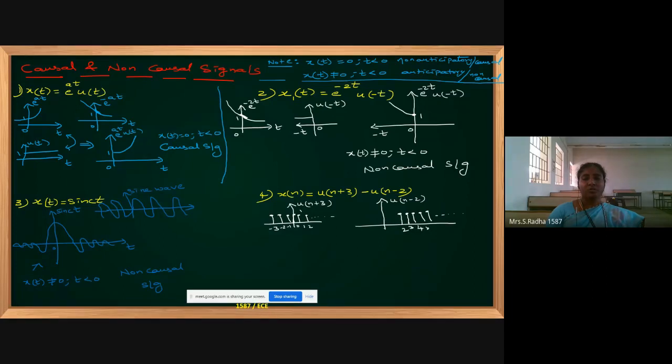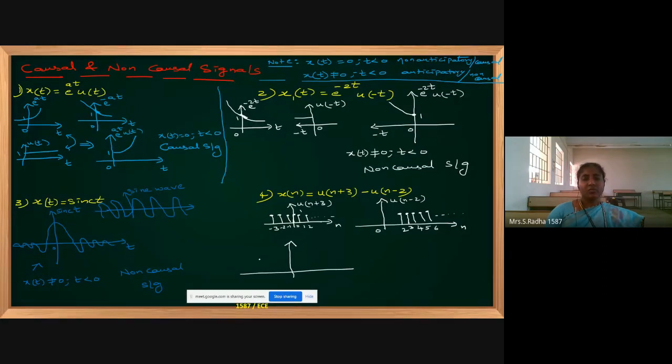2, 3, 4, 5, 6, like that up to infinity. First diagram, second diagram. Now you are going to subtract the first diagram minus the second diagram. Both the first and second are present up to infinity.